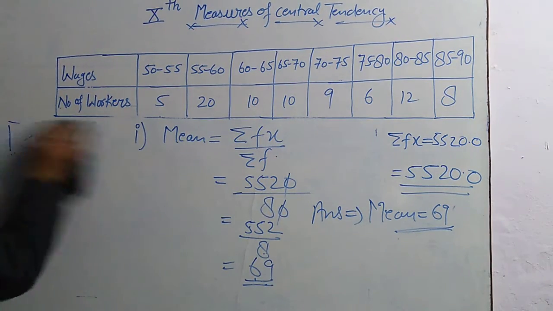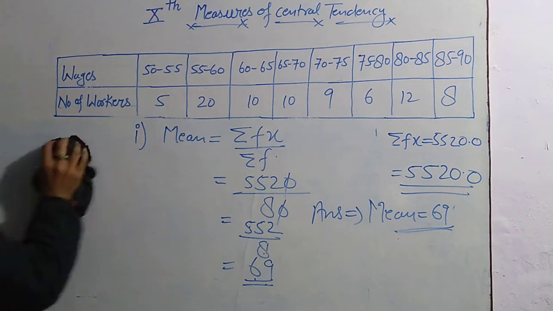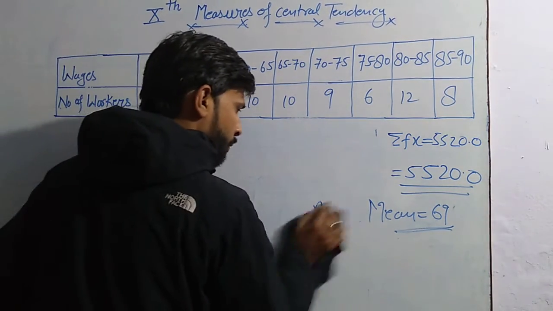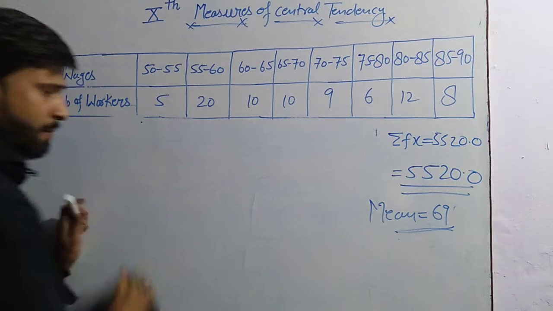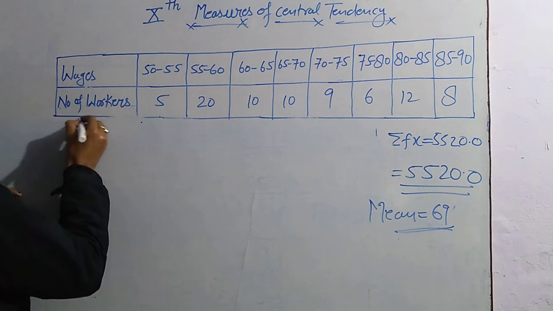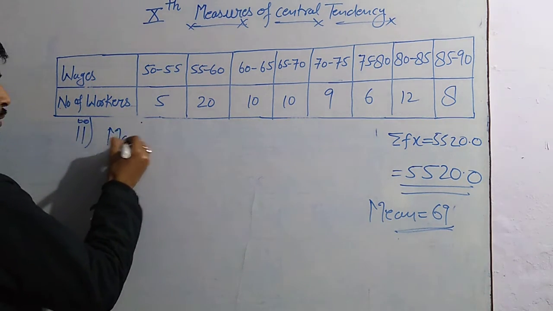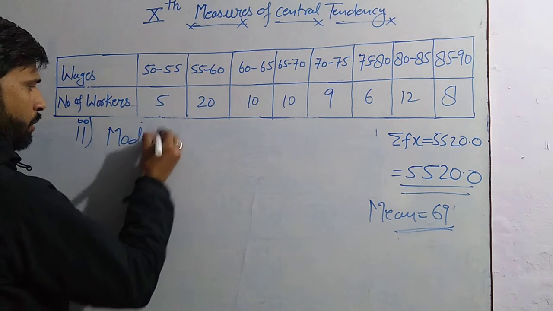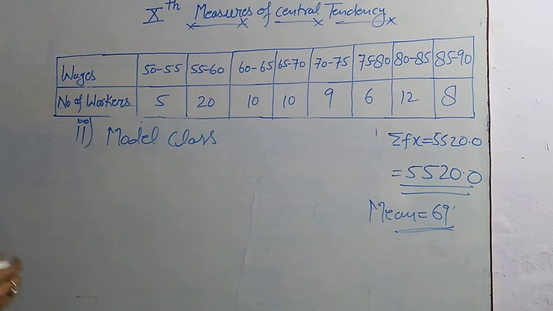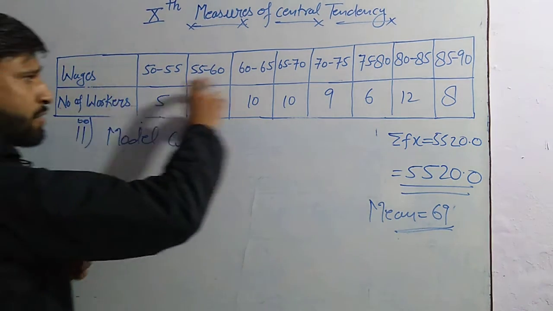Now this time we have to find the modal class, in the second part. The modal class is the class interval with the highest frequency.